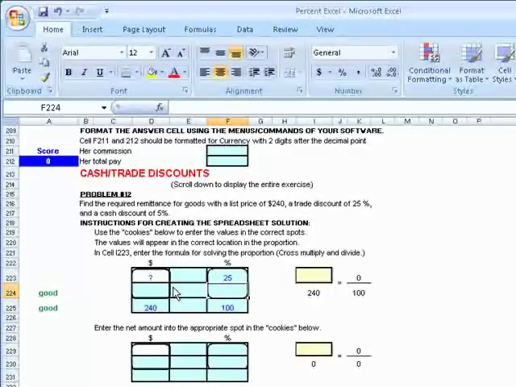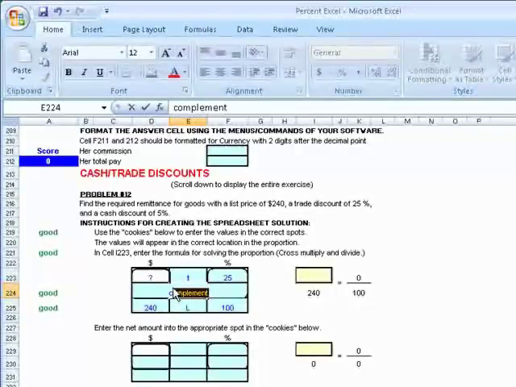Okay, we've got to put in our letters. T for trade discount. This is the list price, so that'll be L for list. And N for net, sorry, the net price.